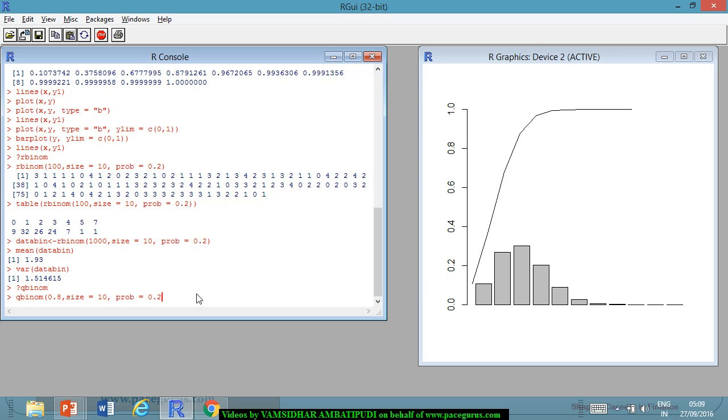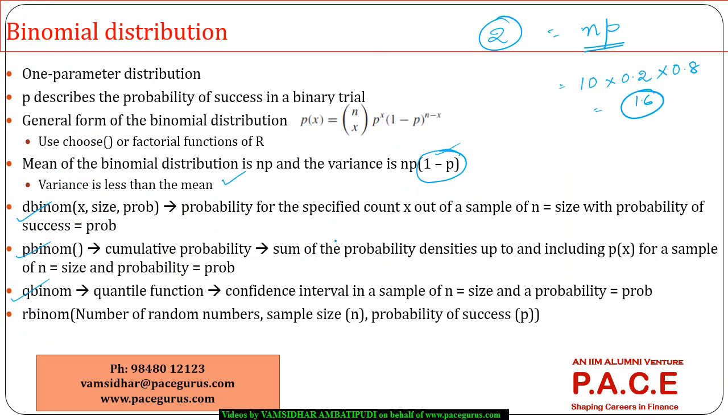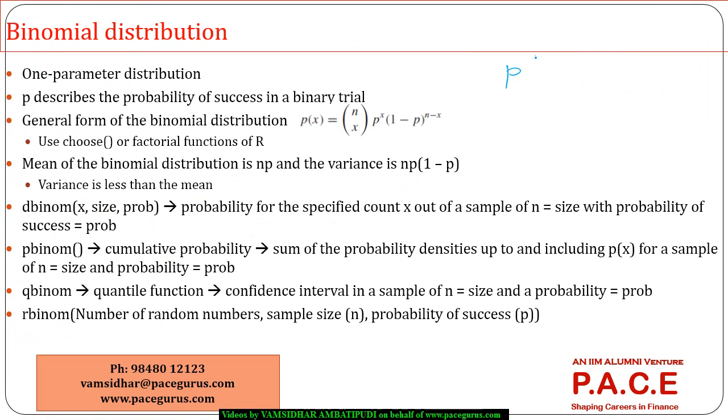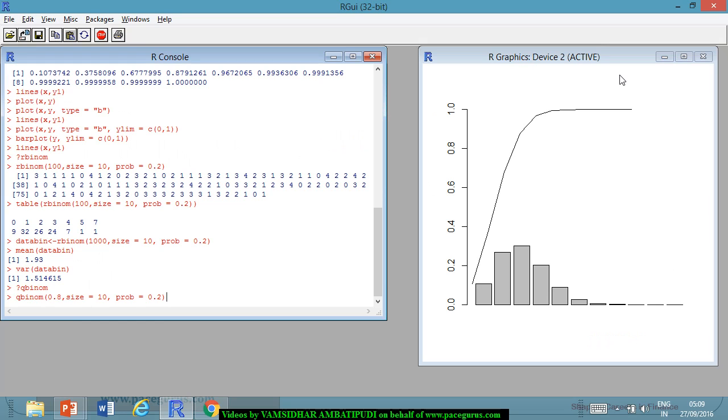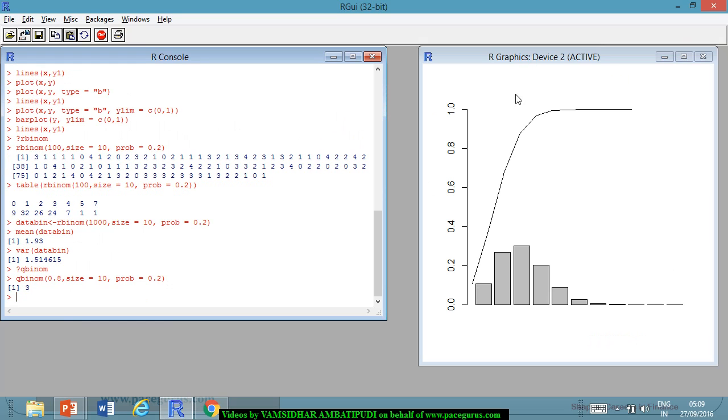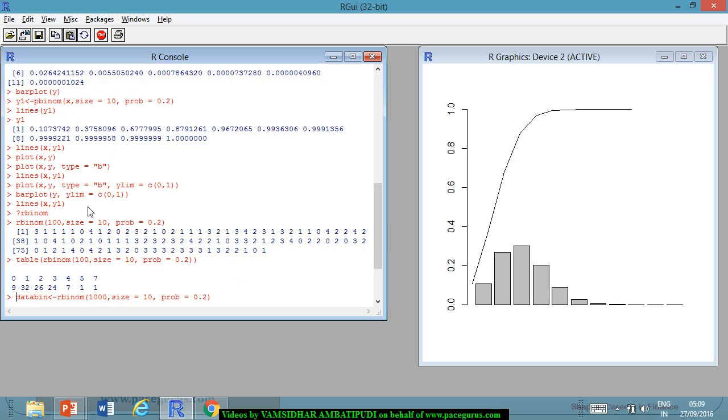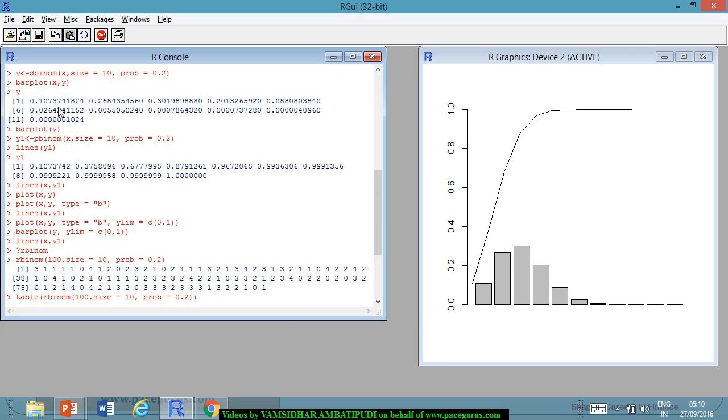0.2. So if I require P of X less than or equal to x is 0.8, what should be this value of x? It says it should be equal to 3. Now if you go back to this table, you look at the pbinom: 0.1, 0.37, 0.67, 0.87.